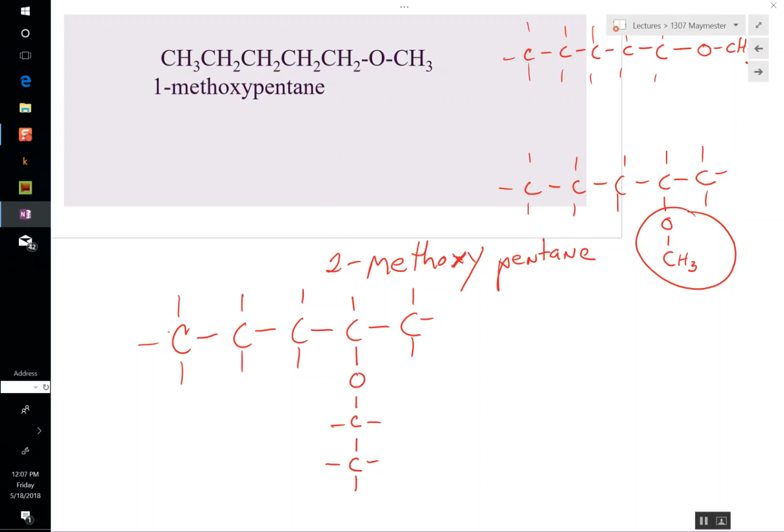An ethyl with an oxygen. It's not an ethyl, it's an ethoxy. So it's a methoxy like an ethoxy, with the pentane. Yeah, so give me the full name of this. 2-ethoxy pentane. Okay? I don't think we need to go further than methoxy and ethoxy.